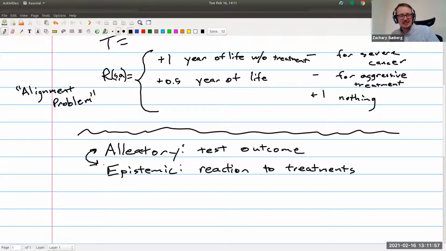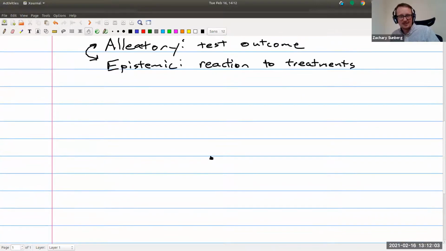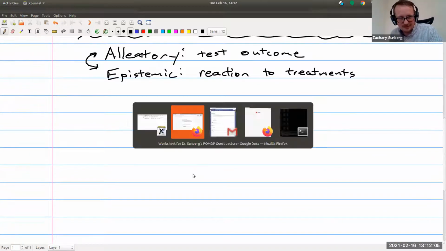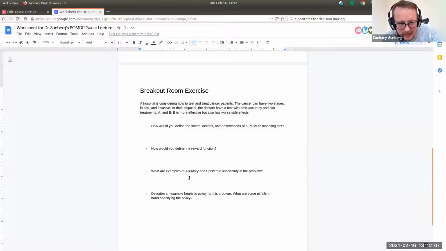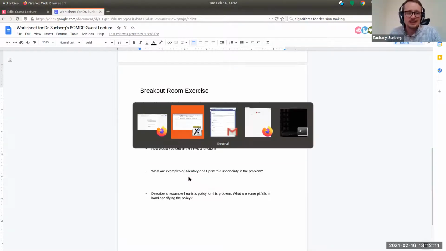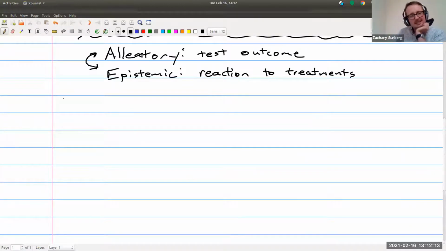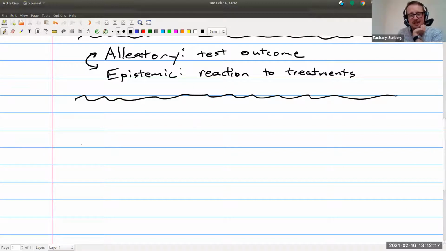But usually it's still useful to have these two categories in discussing this with other engineers and problem solvers. Great. Let's see, what was the heuristic policy? Did anybody come up with a heuristic policy for how you would manage this cancer treatment?